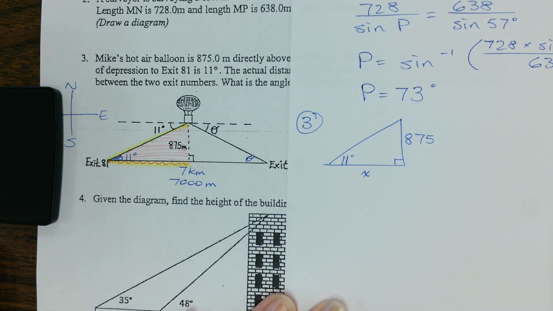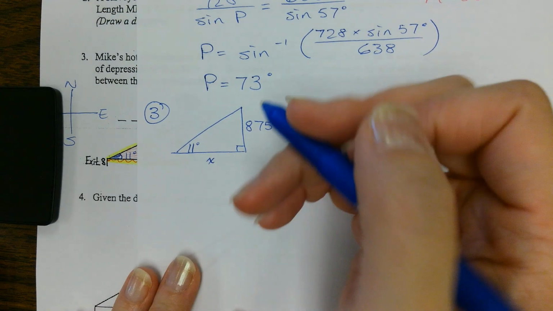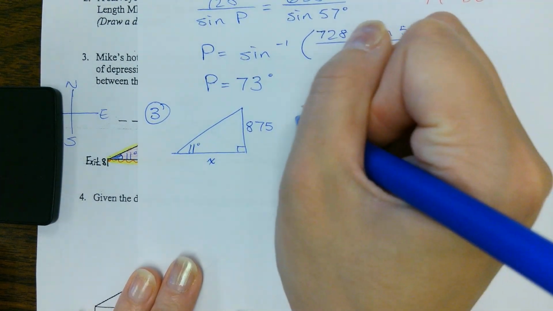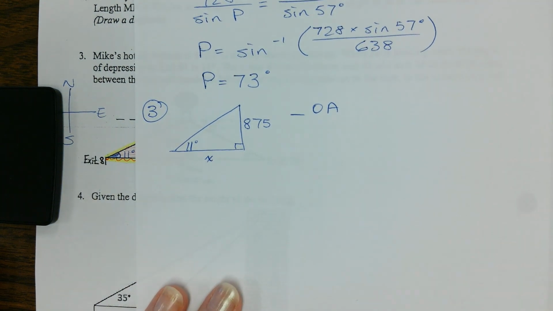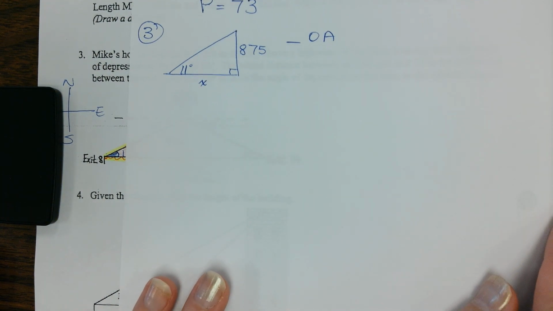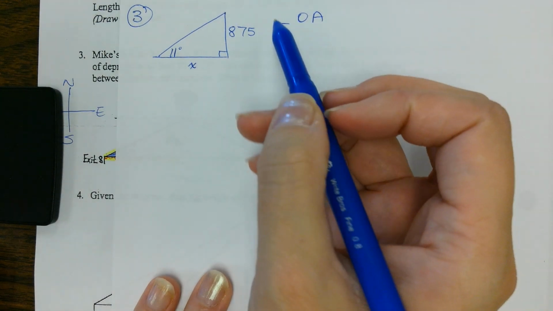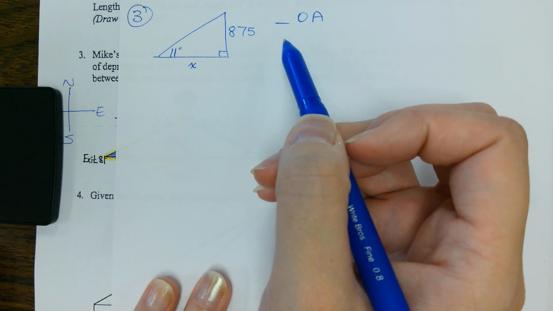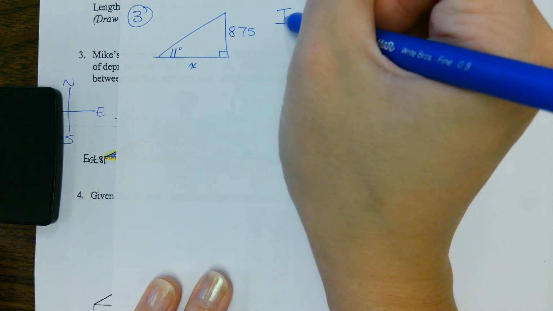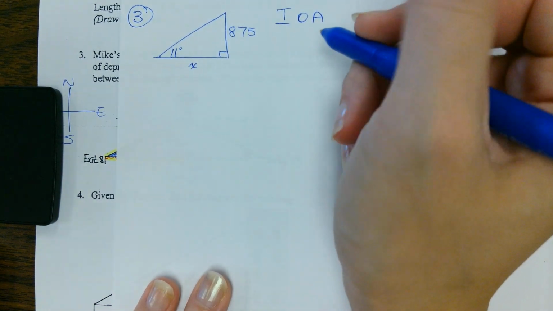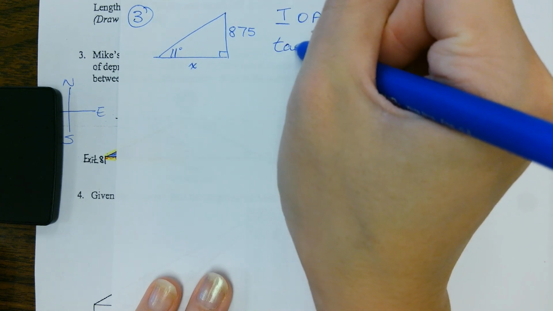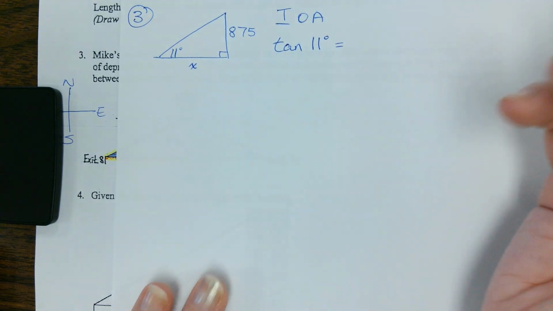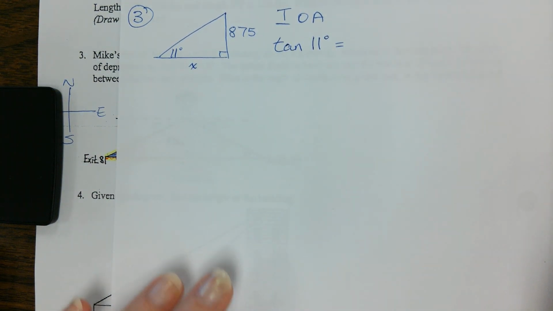So if I find out what this is, using SOHCAHTOA, so opposite, adjacent, SOHCAHTOA, which one? SOHCAHTOA. TOA, yeah. What took you so long? Well, you guys did so well on the last test. I would think that you guys can memorize SOHCAHTOA even in your sleep.